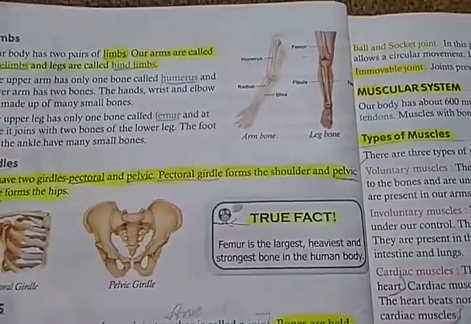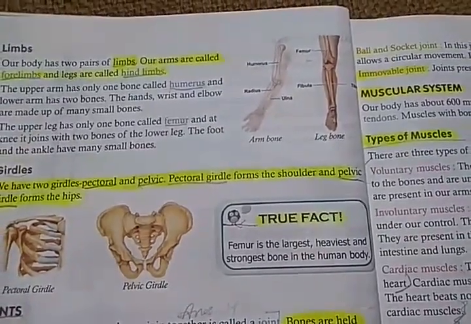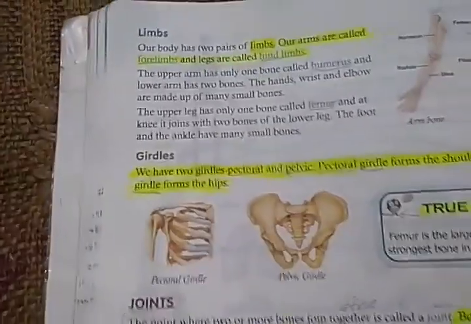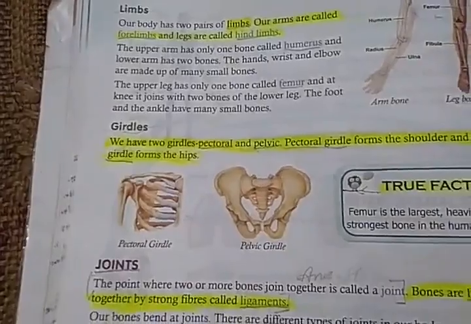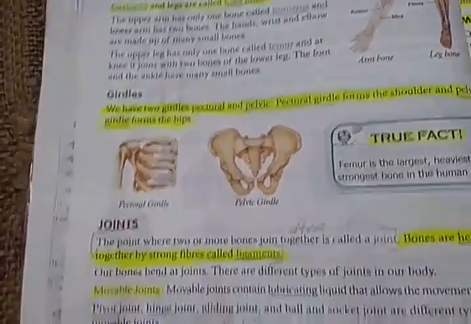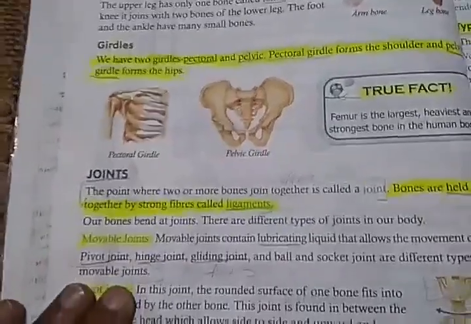As a true fact given here, the femur is the largest, heaviest and strongest bone in the human body. And about the girdles, there are the pectoral girdle and pelvic girdle.